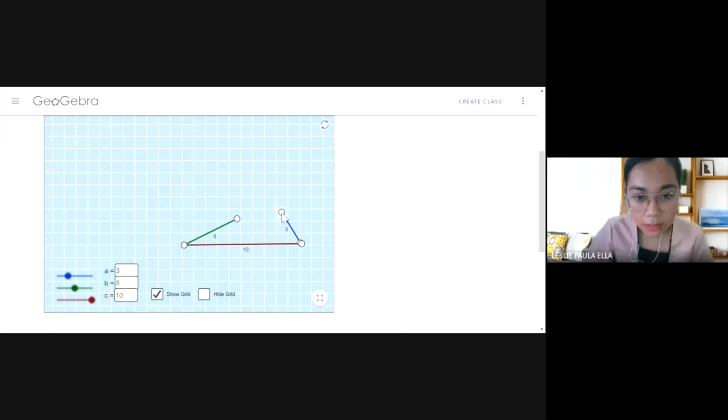This length gives us this image, or it formed this figure. Do you think that we have formed a triangle with the given sides of 3, 5, and 10? Yes or no? Type in the chat box. Do you think that we have formed a triangle, class?